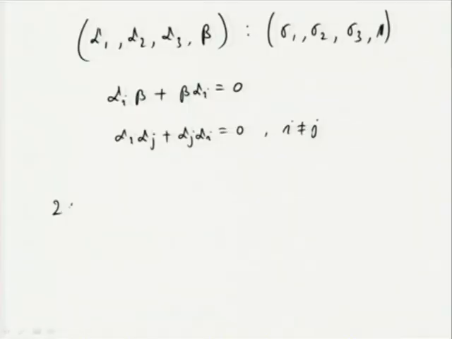So, we cannot have 4 linearly independent matrices which anti-commute with each other in case of 2 by 2 matrices. So, 2 by 2 is not enough.